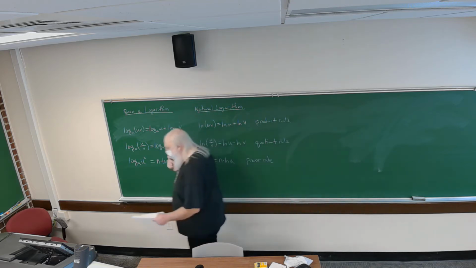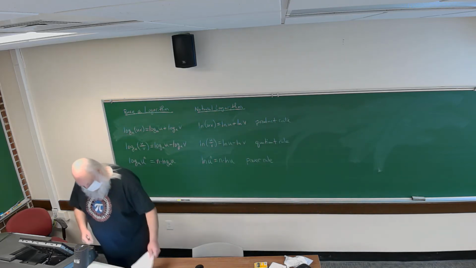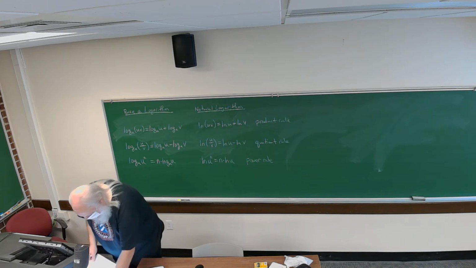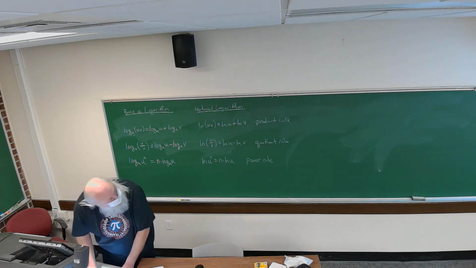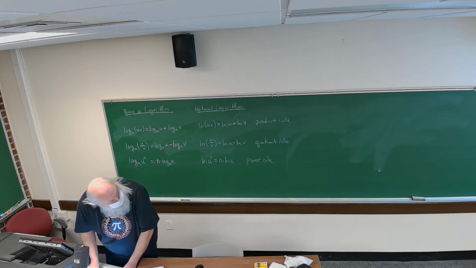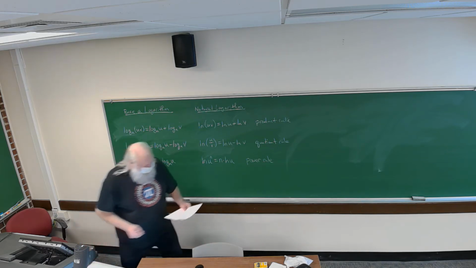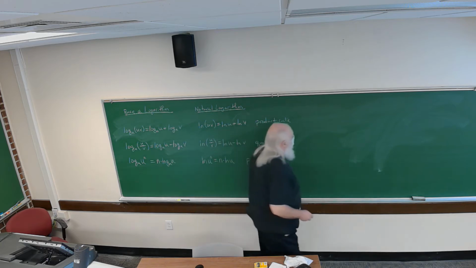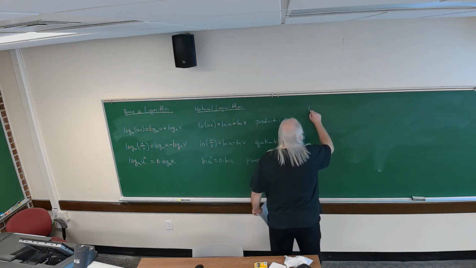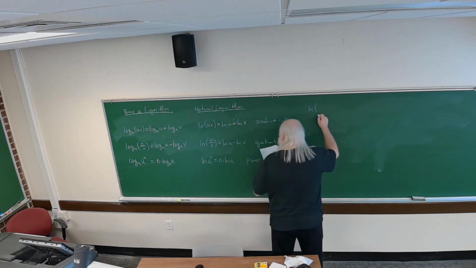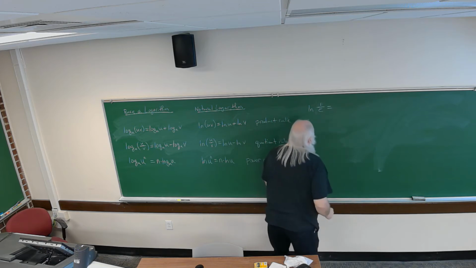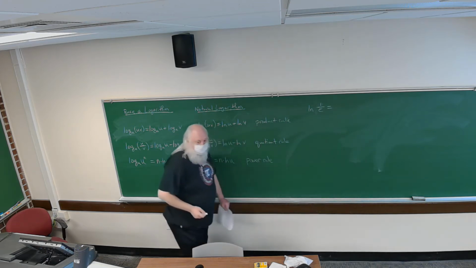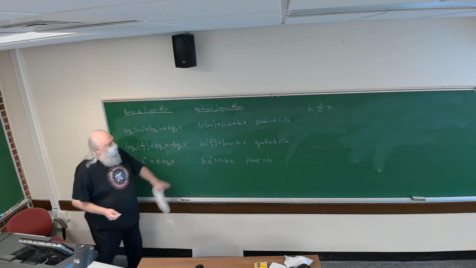So let's apply some of these rules to the expressions on the next page in example 7. We're going to simplify the natural log of 1 over e. So I can use the quotient rule, right?